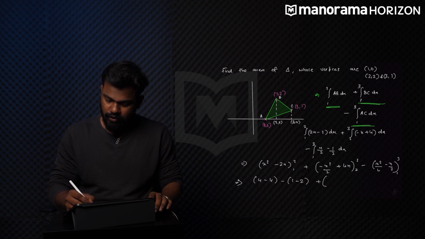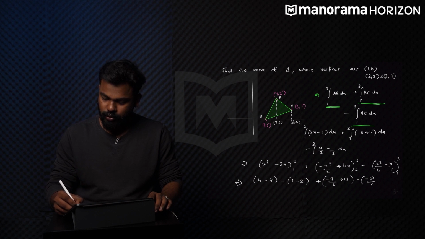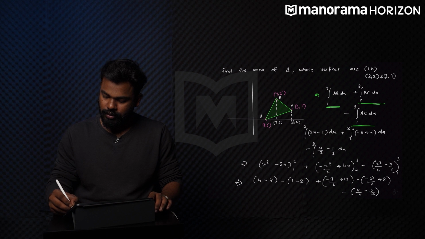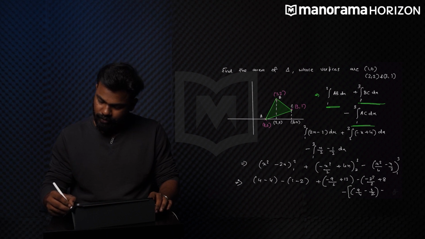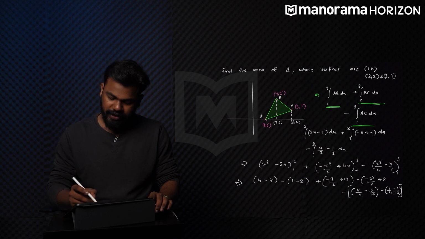And when you put 3, you will be getting minus 9 by 2 plus 12 minus 2 square by 2 plus 8 minus then you have 3 square by 4, that is 9 by 4 minus 3 by 2, and then you have minus 1 by 4 minus 1 by 2. So that is what we get here.